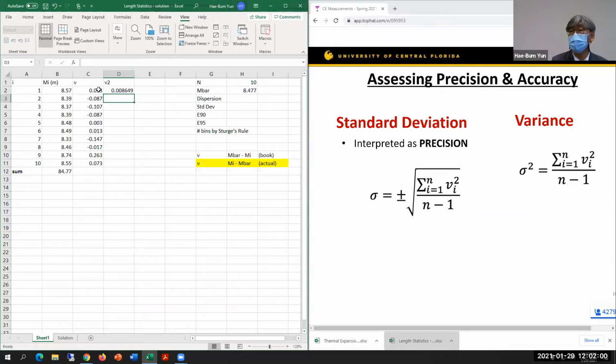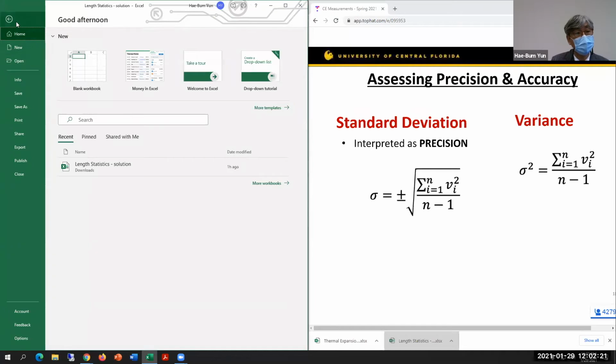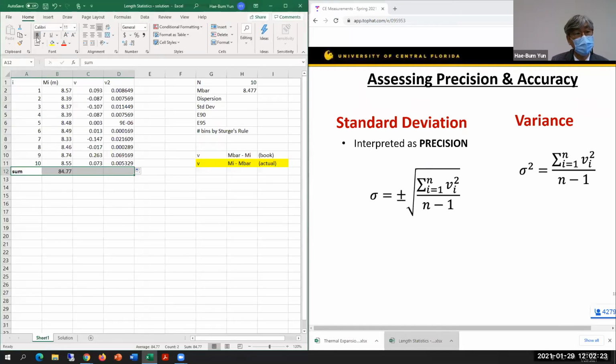Power of 2. And then I'm going to double click or drag it down. And the bottom row is a summation, right? So then I will have, and I'm going to use a different color for that.